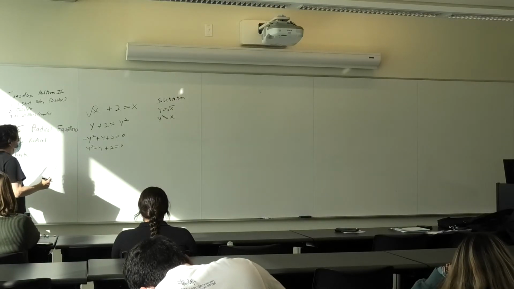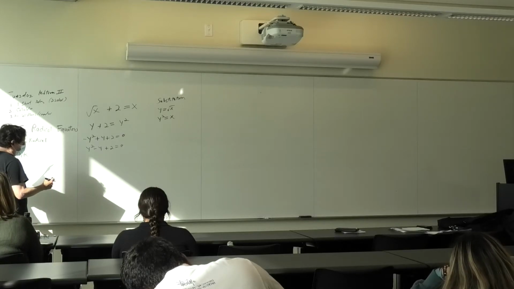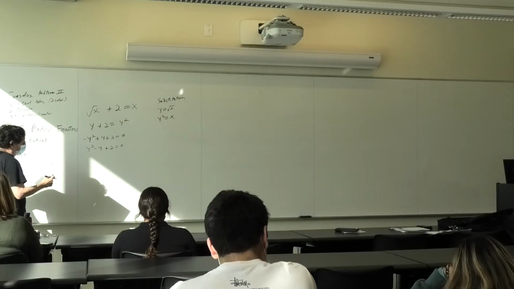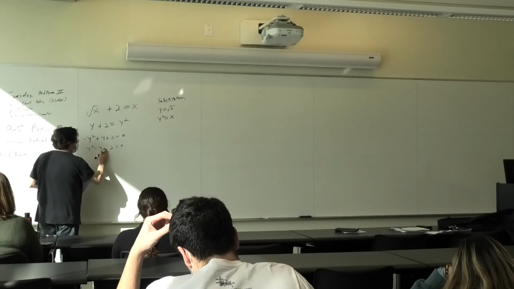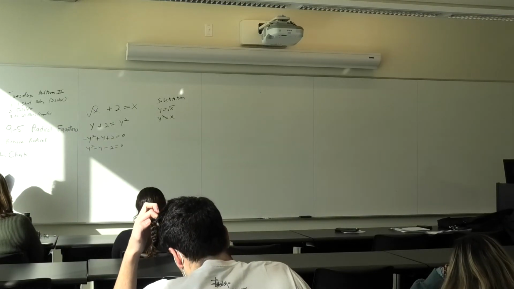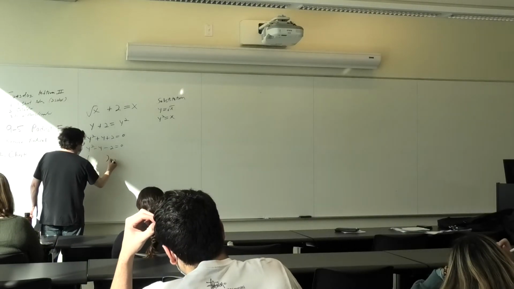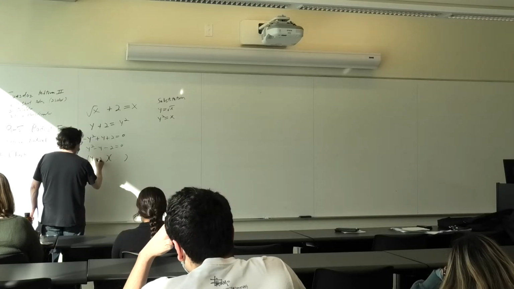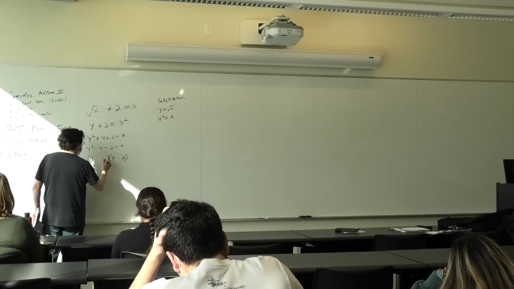All right. I made a mistake again. Gosh. How's that? Oh. There we go. Okay. Let's try and reverse FOIL this. I think this can only be 2 and this can only be 1.